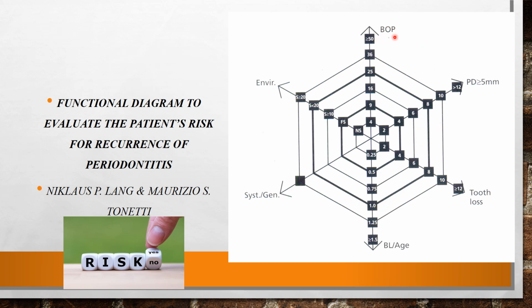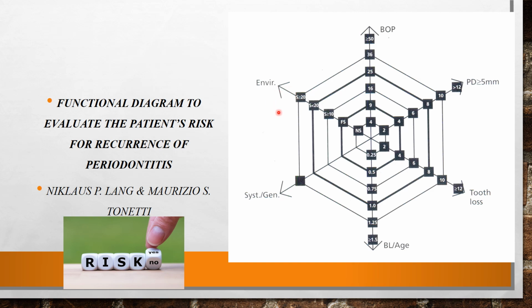So these are bleeding on probing percentage, the number of teeth with probing depth greater than or equal to 5 mm, the number of tooth loss, bone loss by age, and the presence of systemic factors and environmental factors.